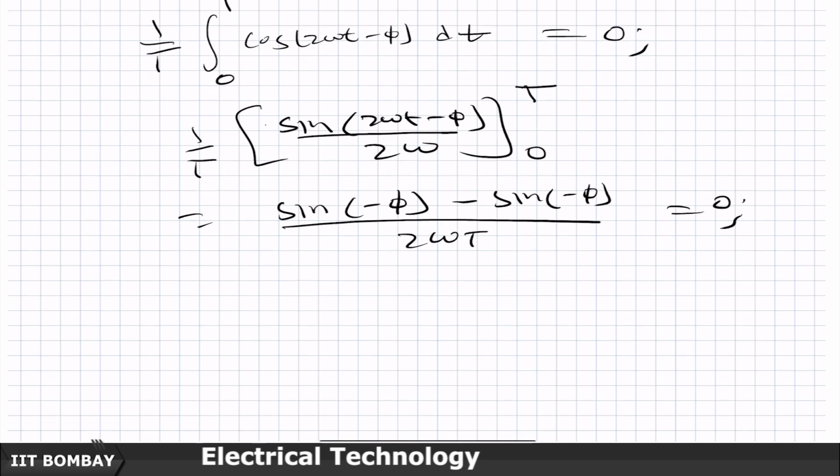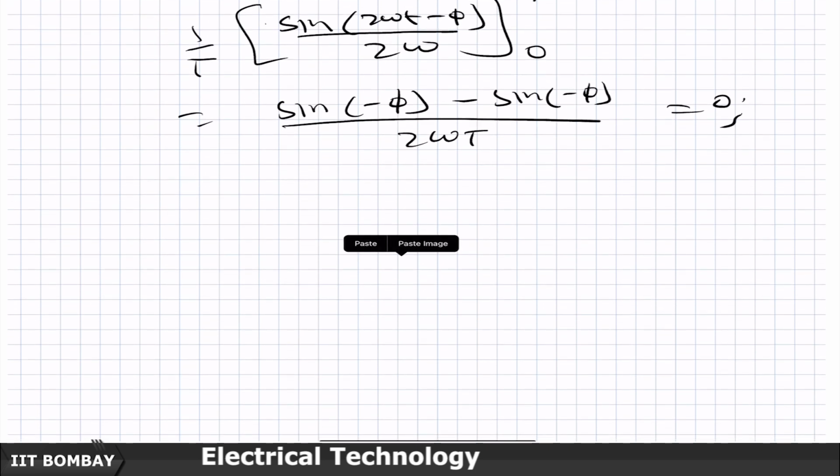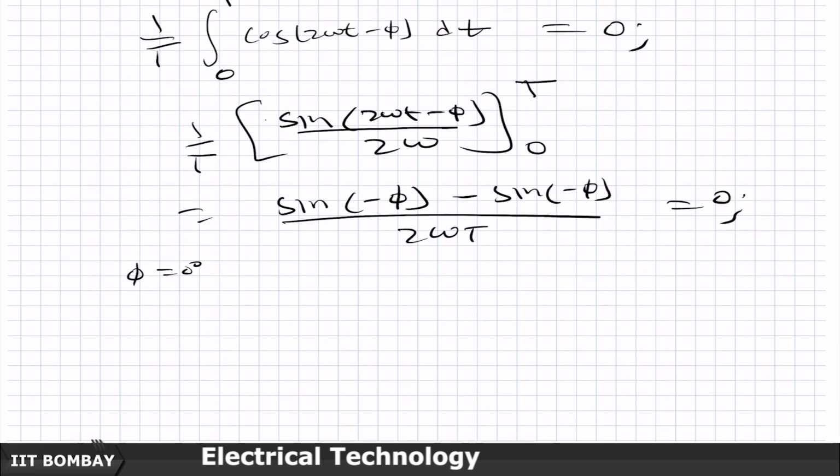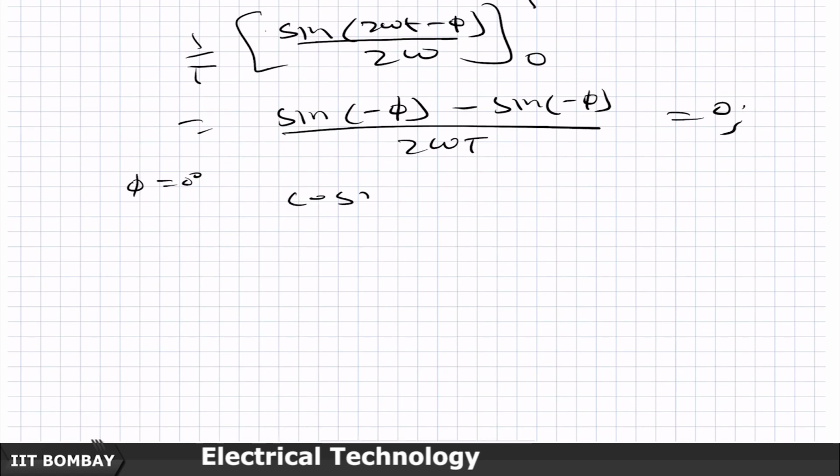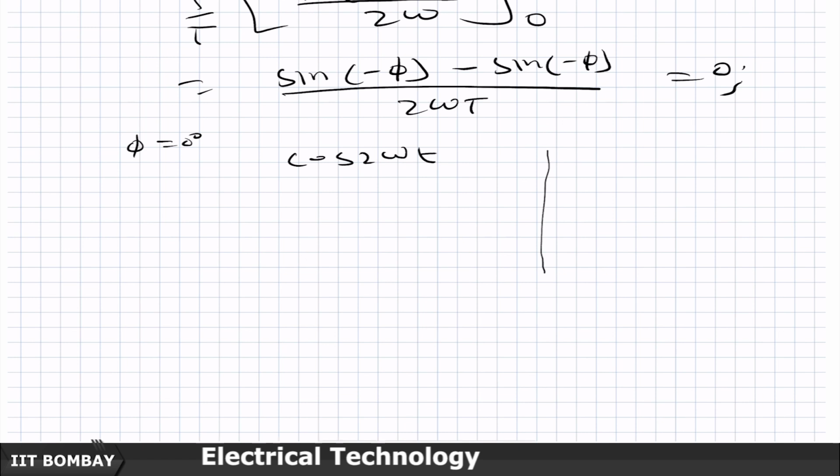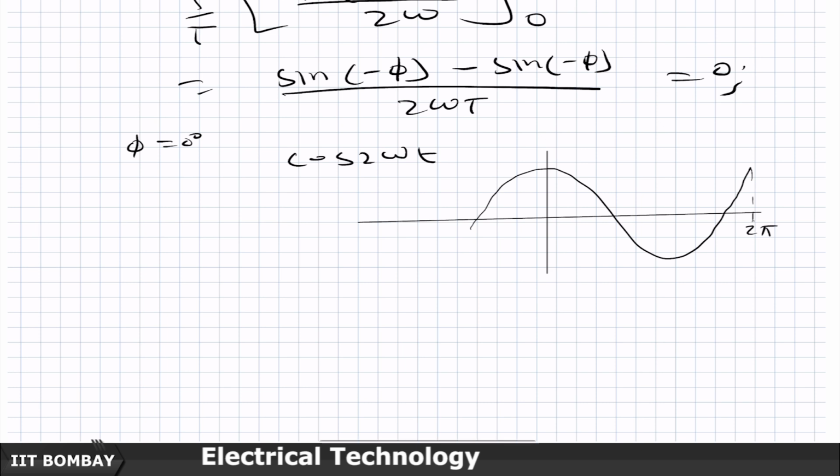So algebraically also you can see that it is 0, or to sketch it, let me take phi equal to 0 for the sake of discussion. So I am looking at cos of 2 omega t. This is the cosine waveform, this is 2 pi, this is 0.